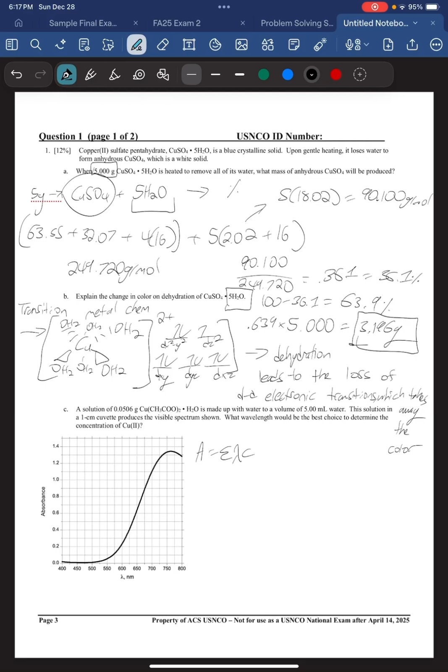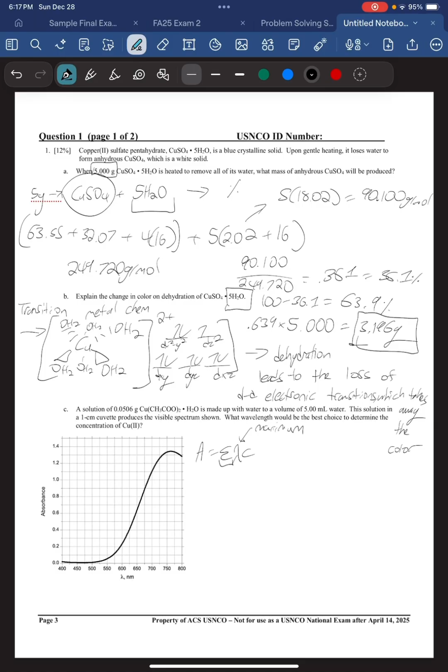So we can say that your absorption is always proportional to your concentration. This is, by the way, your molar absorptivity constant, just to be more specific. So that means that to most accurately determine the concentration of the copper salt, we need to find when this absorption is at its maximum.